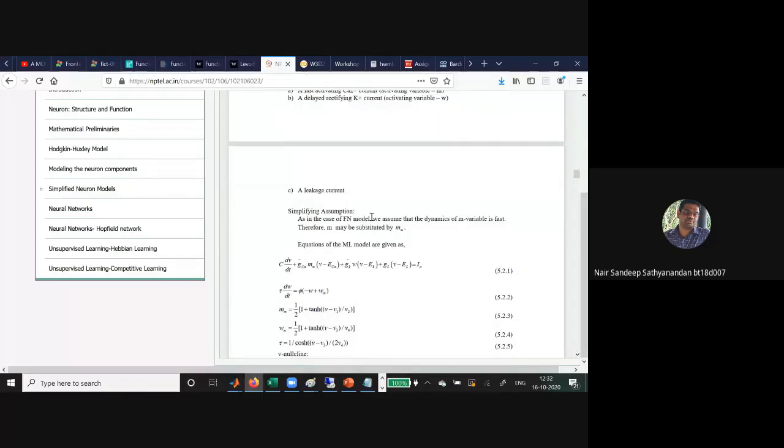As in the case of the FN model, the dynamics of M is fast, and that can be replaced by M infinity, and the equations of the ML model are given as shown below. So this is the calcium dynamics, this with g_K is the potassium dynamics, and g_L times (V minus E_L) is the leakage dynamics, and M infinity and W infinity are the gating variables.